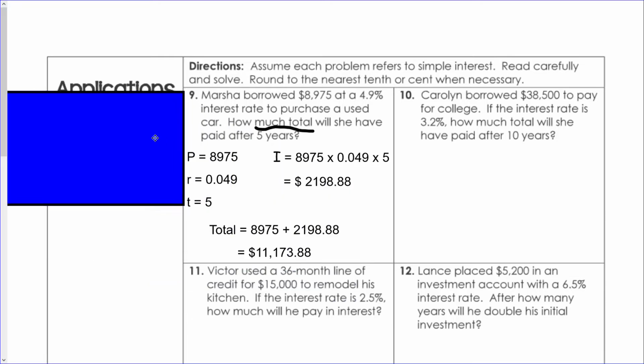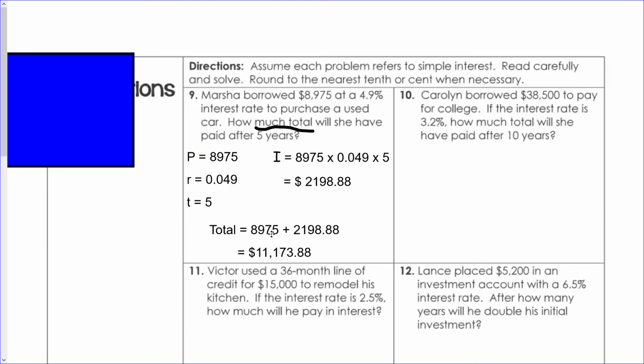Okay, so we have to do one more step, which is adding together the interest here and the principal that you started with, to get a total amount that was paid. Because she borrowed the money, she will have to pay back the original amount that she borrowed plus the interest amount. So it's just simple adding, but you have to make sure you do it.